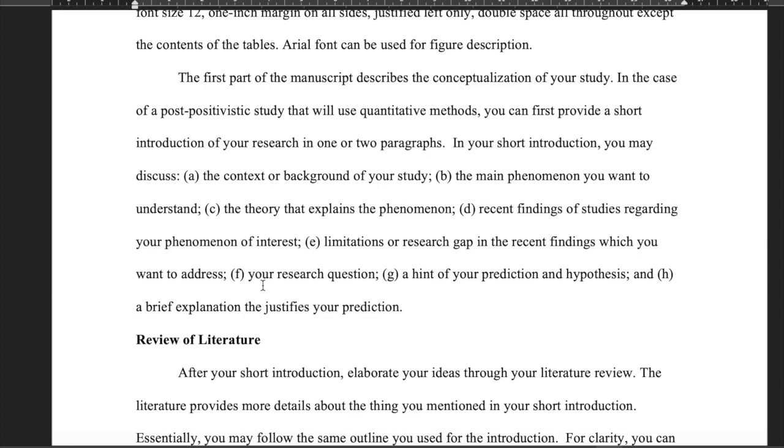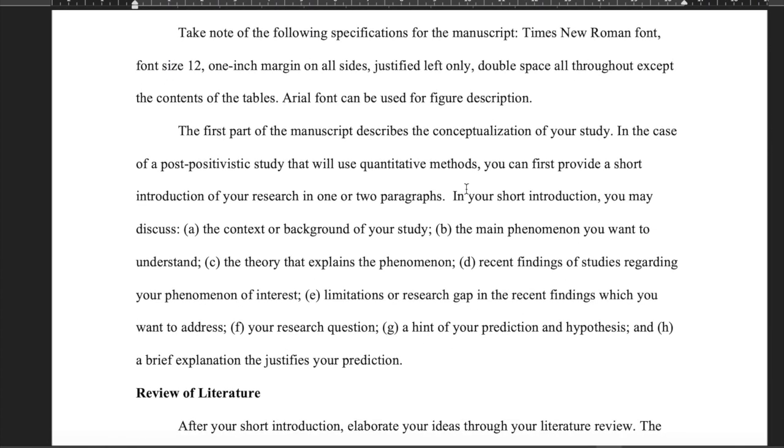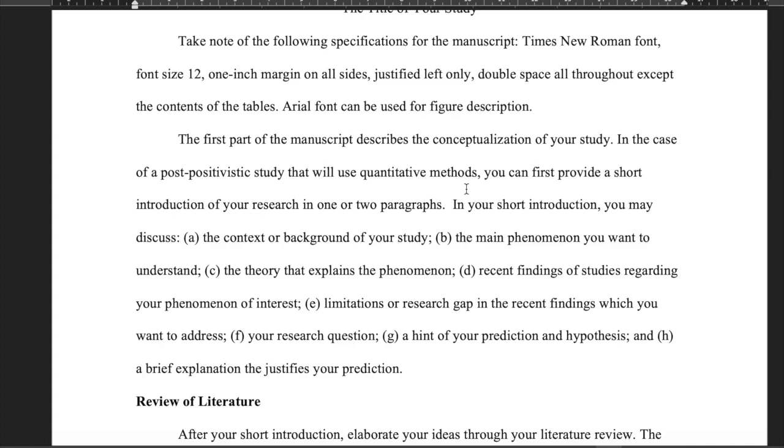Next, a hint of what your research question is, followed by a hint of your prediction, and if it's still possible, a hint of an explanation for your prediction. So all of these things that contain your short introduction can be done in a single paragraph.